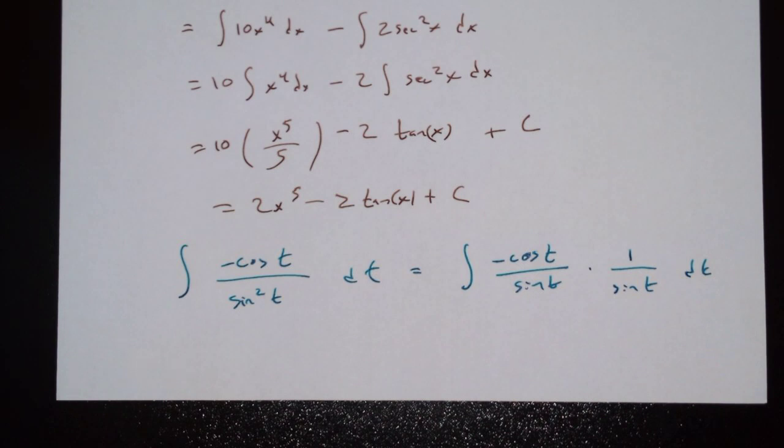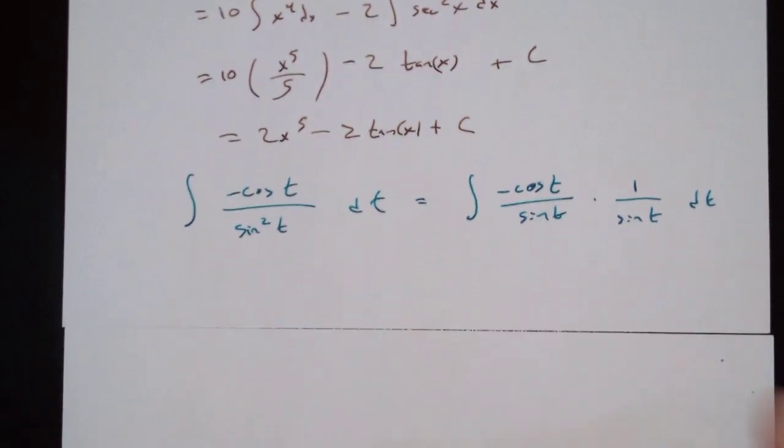Of what possible benefit is this? I know that when I've got a cosine, its antiderivative is sine.